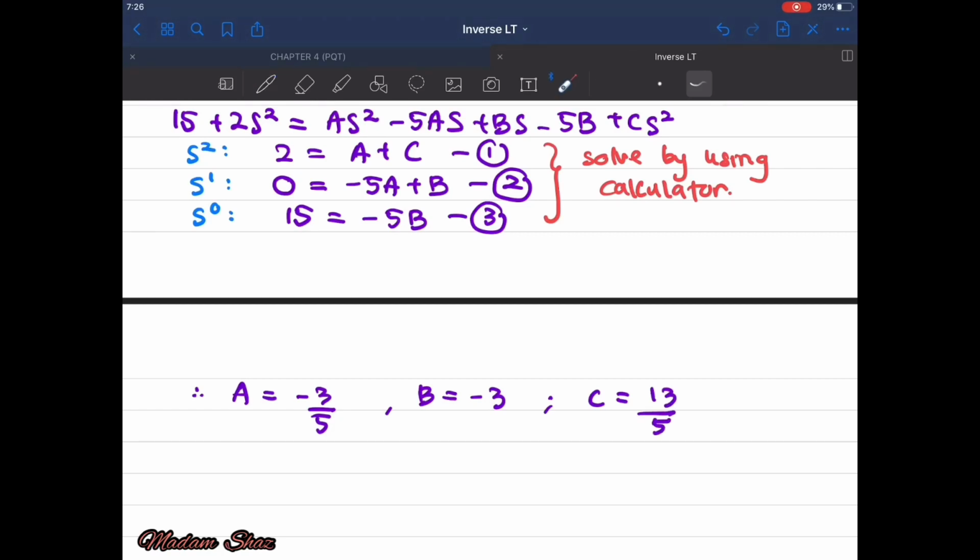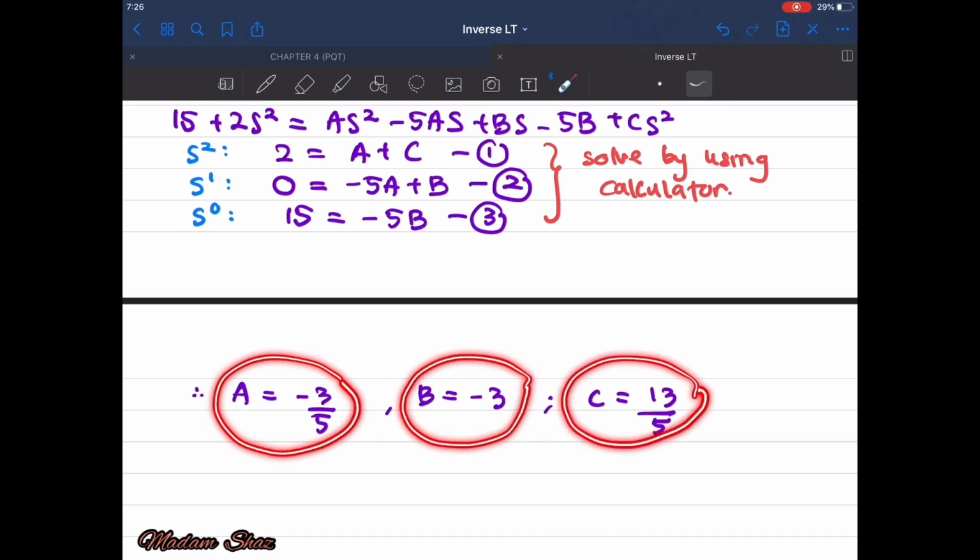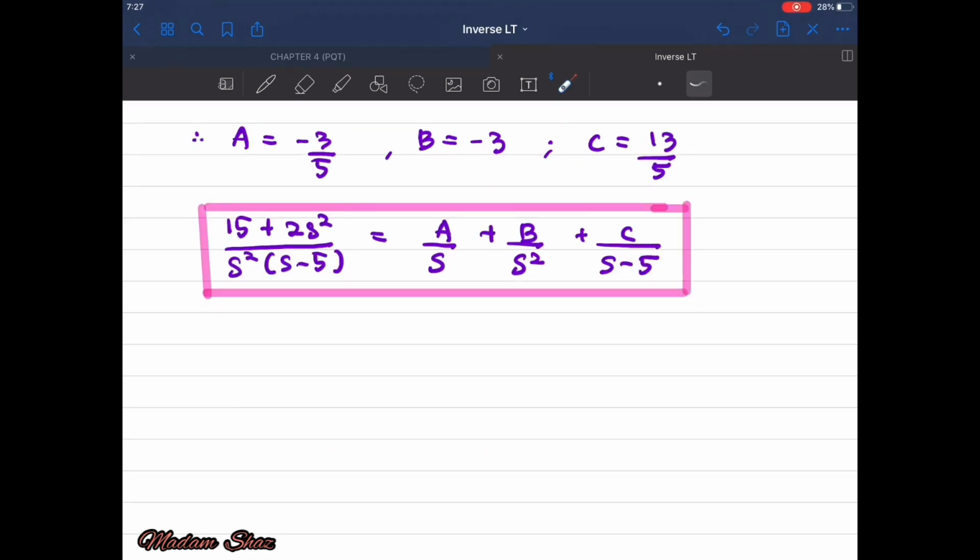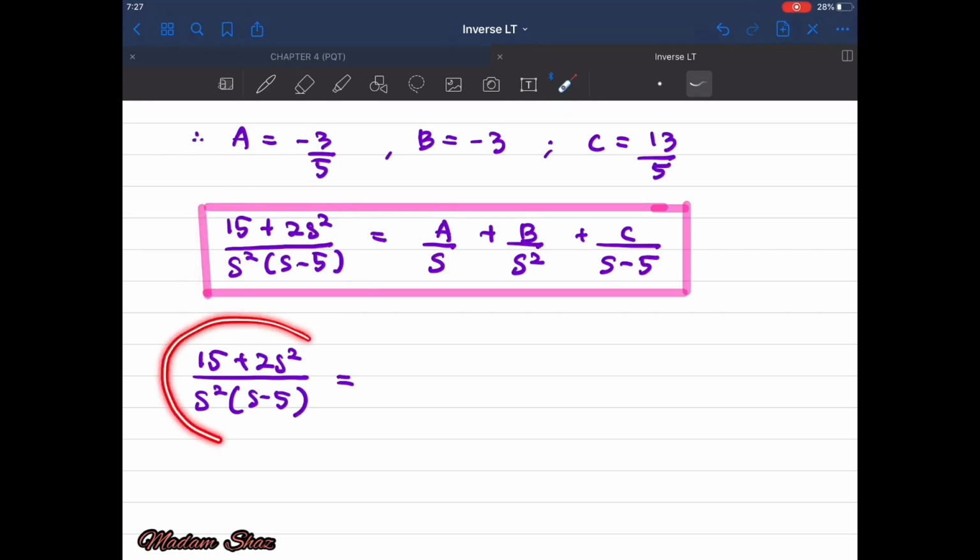So now you have to substitute all the constants into the partial fraction that you have right before this. Okay, so this is the partial fraction that we have right before this. So for the left hand side, we just copy down back. And then for the right hand side, we need to substitute all the values for the constants a, b and c.